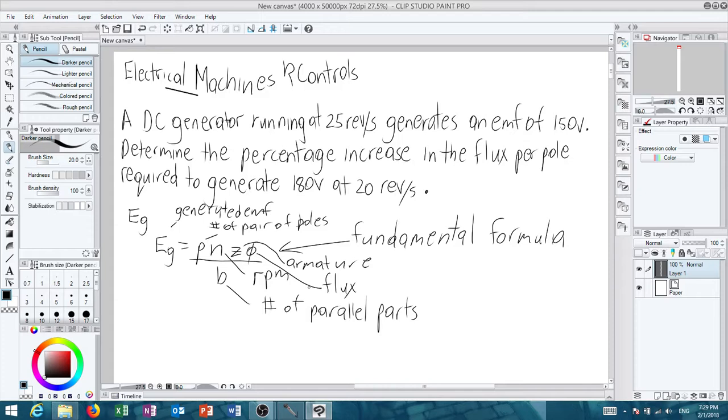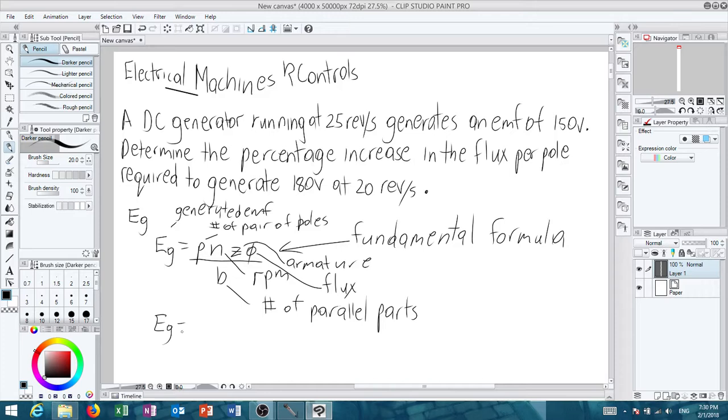But in the context of this question, what we had to think about was we weren't dealing with either a wave wound or a lap wound armature. So how we were shown this question was handled was to change the formula to consider the constants.